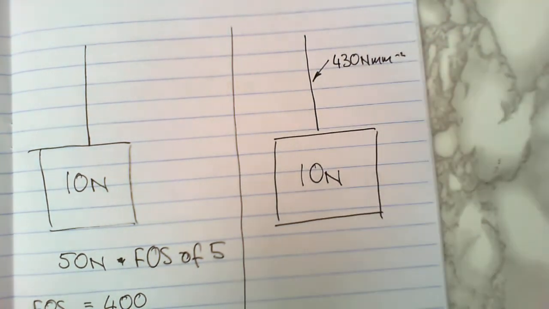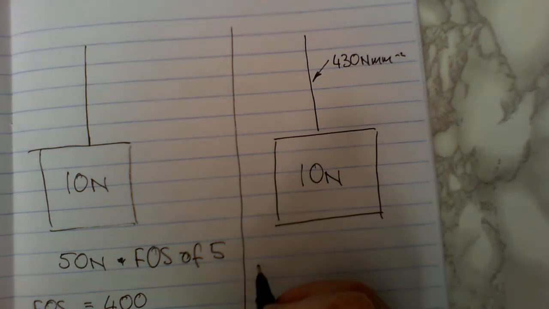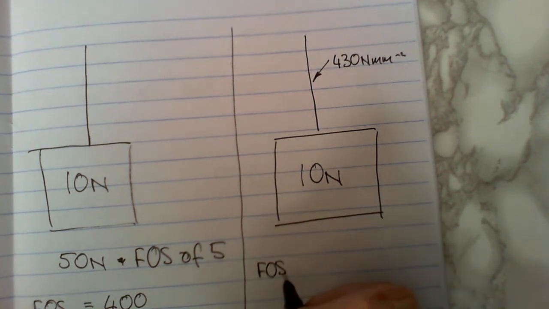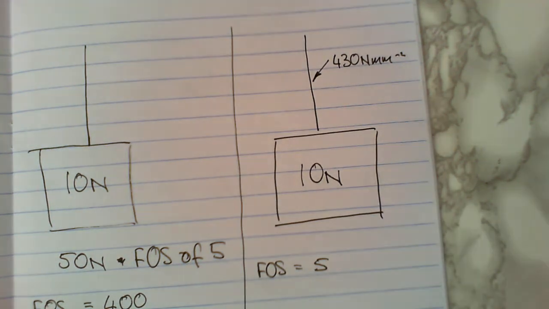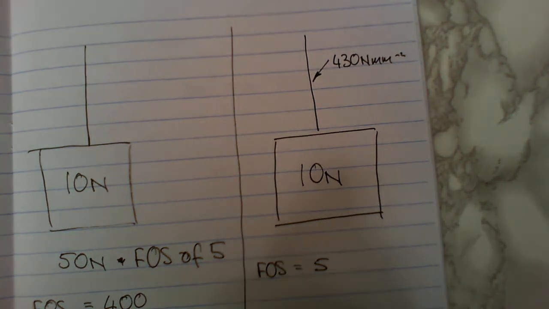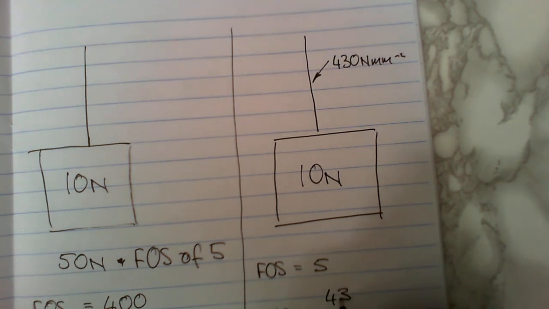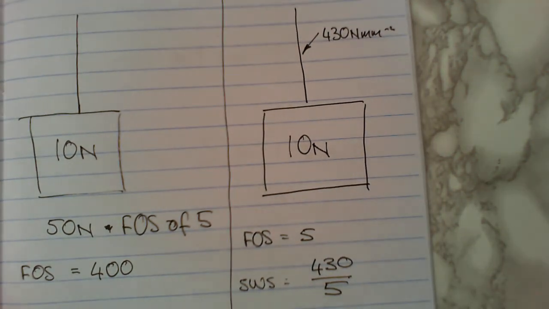If I was to apply a factor of safety of 5, so I'm going to say factor of safety equals 5, what I would do this time to find out the safe working stress is take the ultimate stress, in other words where it's going to break, and divide that by 5.